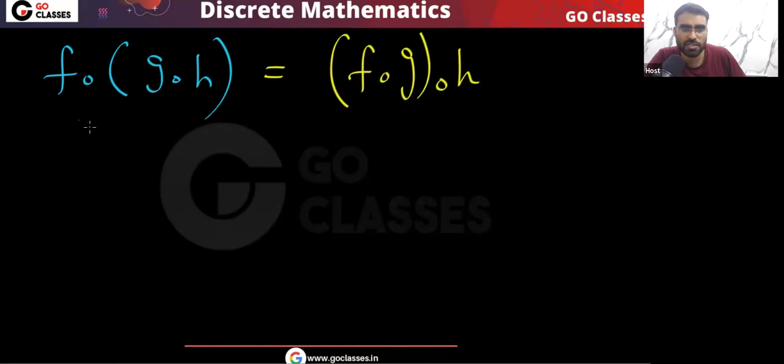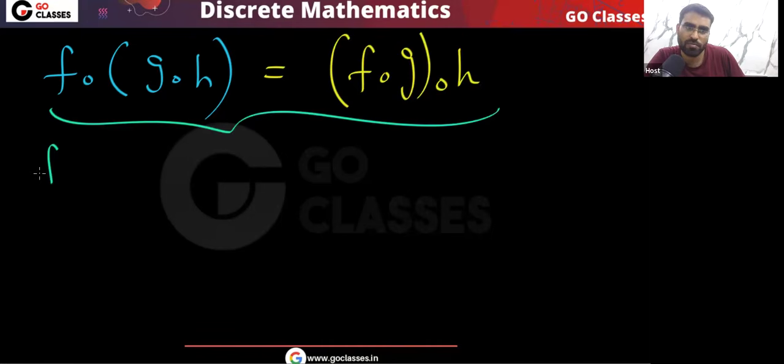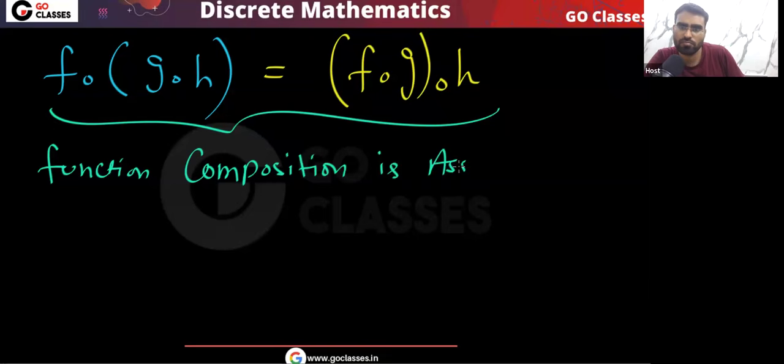So remember, function composition is associative. Simple. Is this clear? Now let's move on.